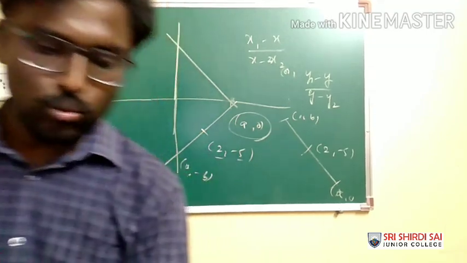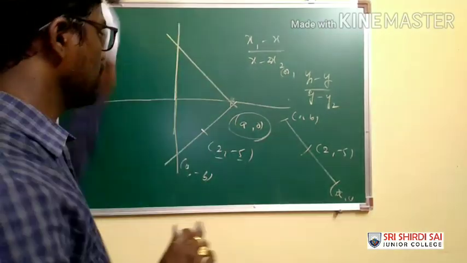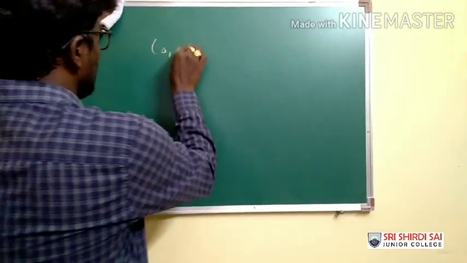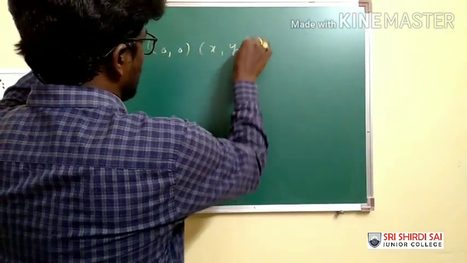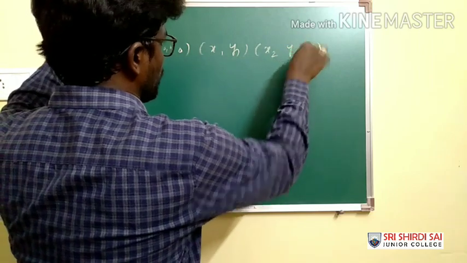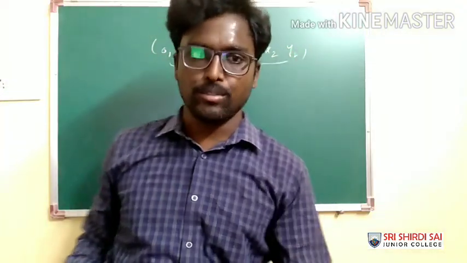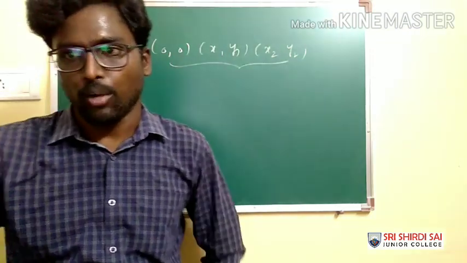One vertex is 0 comma 0, the next vertex is x1 y1, and the third vertex is x2 y2. If you substitute all these three coordinates in any of the 3 to 4 types of formulas, we'll be getting the required option here.